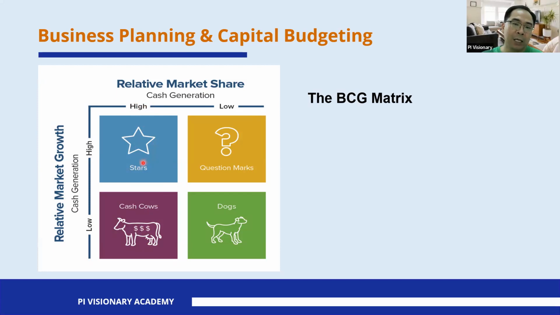Star is a high market share. Our aim is to achieve high market share, and the Penang market is high market growth. This is how to apply this.